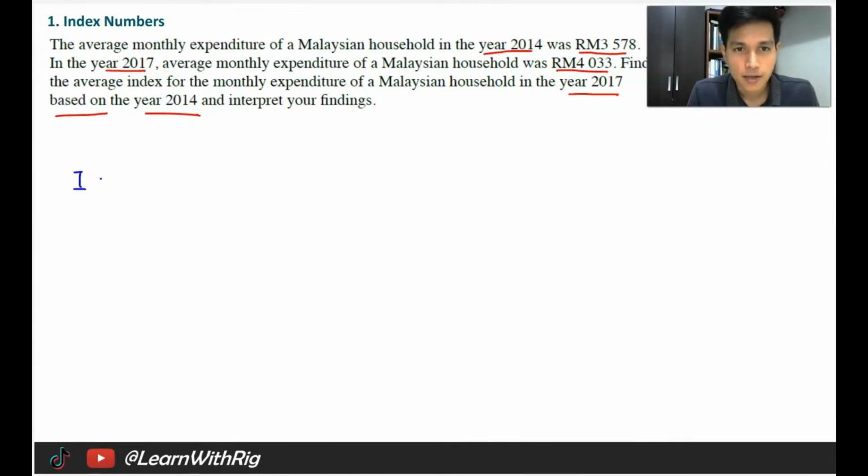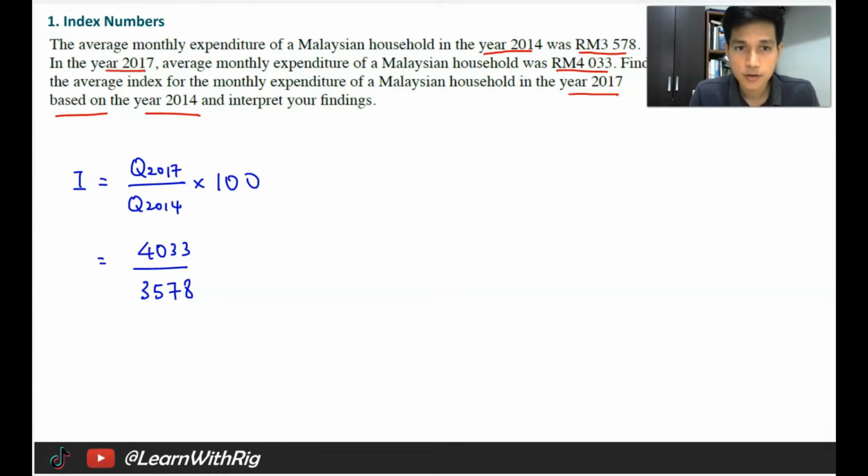So again, I equals to Q, in this case what? 2017, right? So Q 2017 based on Q 2014 times 100. So Q 2017 is 4033, and then Q 2014 is what? 3578.